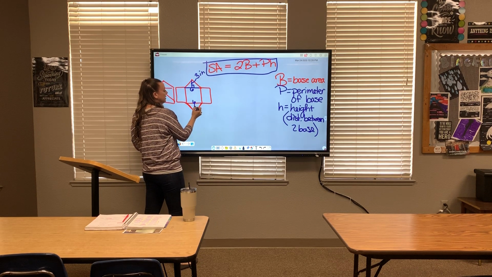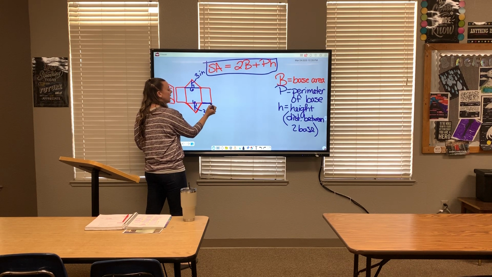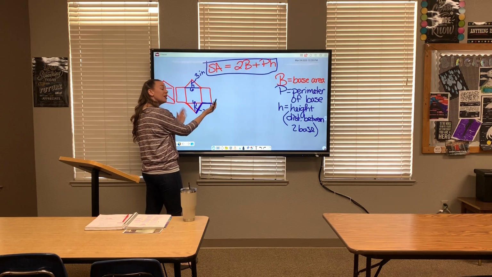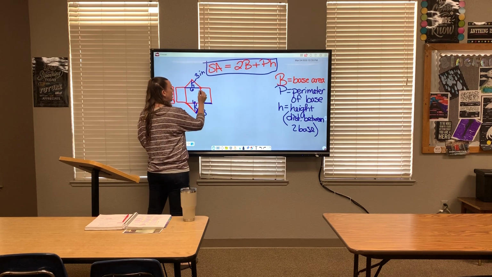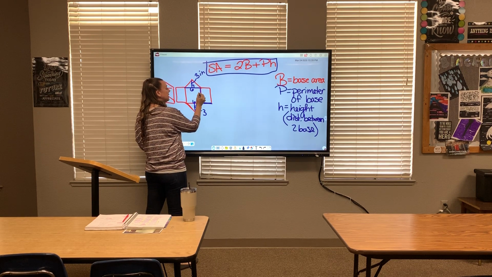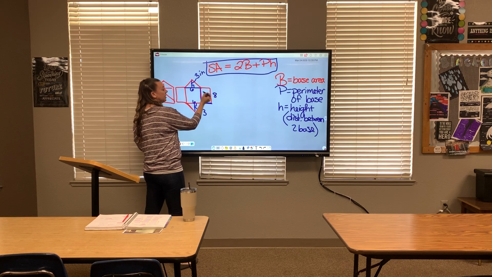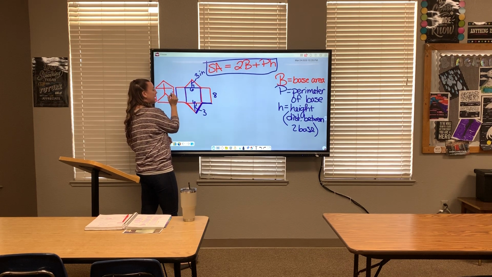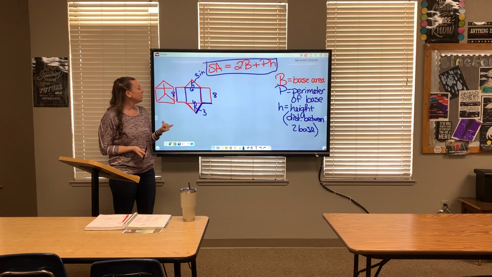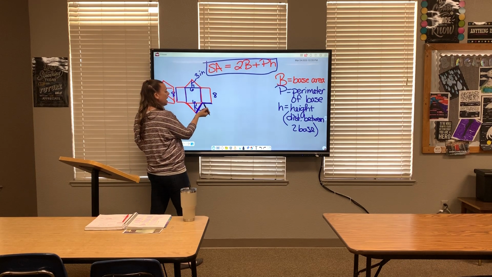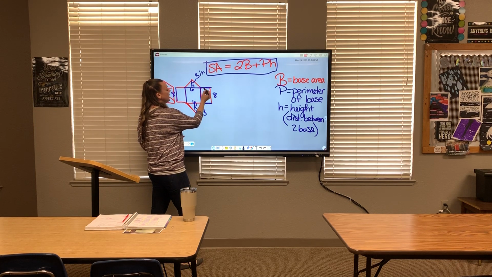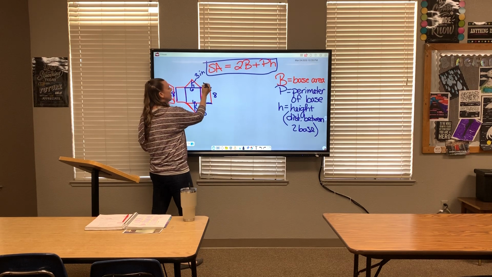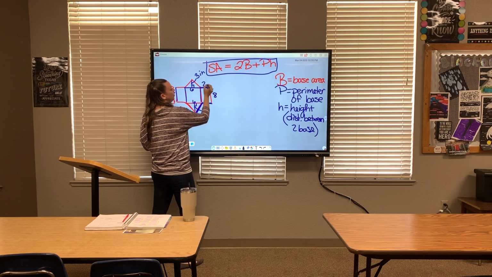This is 6, which means that this is also 3. This right here is gonna be the same as this length right here because they match up when they're folded. Okay, so if this is 6, we'll make this 8, which means that all the way across here is 8, okay? So we can do this a couple of different ways. I didn't give a measurement for this. So these two, since these are rectangles, are gonna be the same. Let's make that 2 inches, okay?